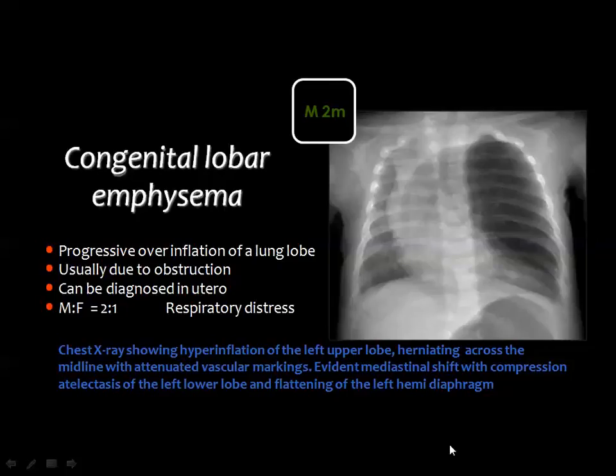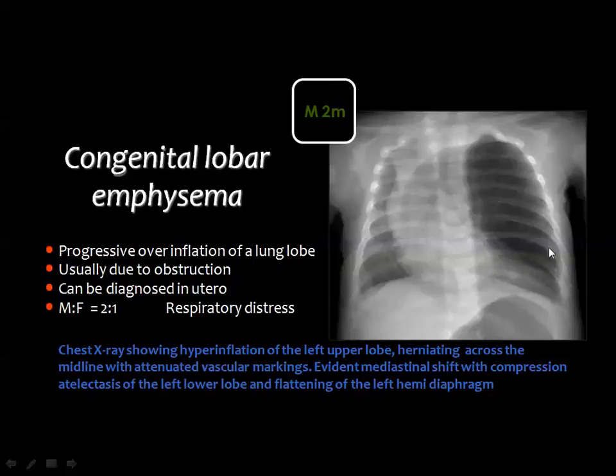Then one of the major diagnostic landmarks for congenital lobar emphysema is that you can see the emphysematous lobe crossing the mediastinal border to the opposite side. And number two, you see the remaining part of the lung is compressed near the diaphragm.